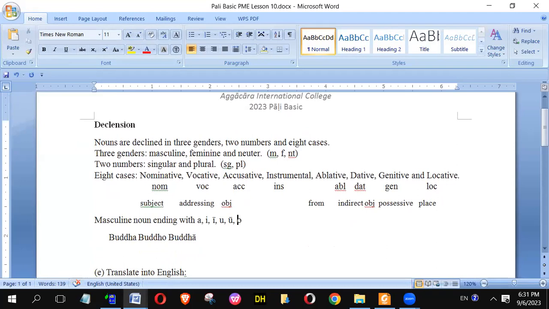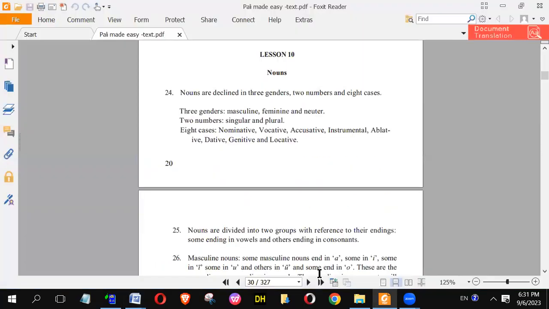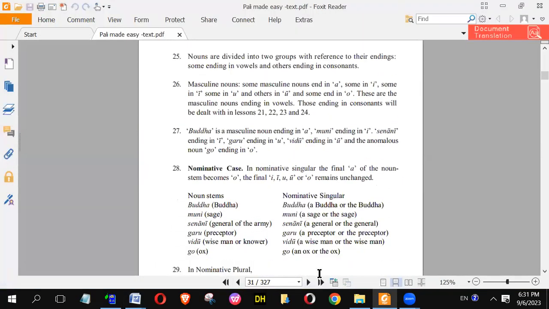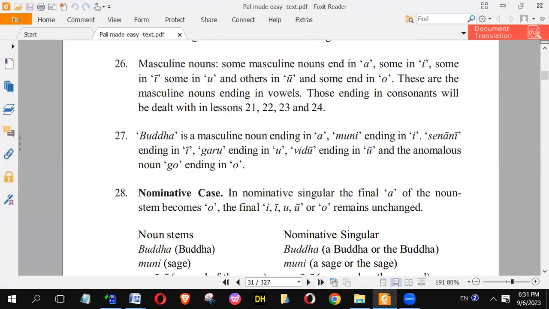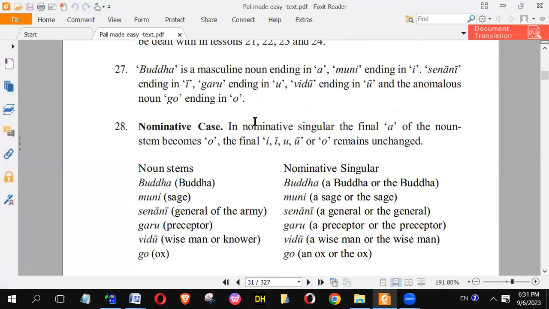So for a masculine noun ending with A, like you see in the example, Buddha. You notice the A. We call it final A. In nominative singular, Buddha.